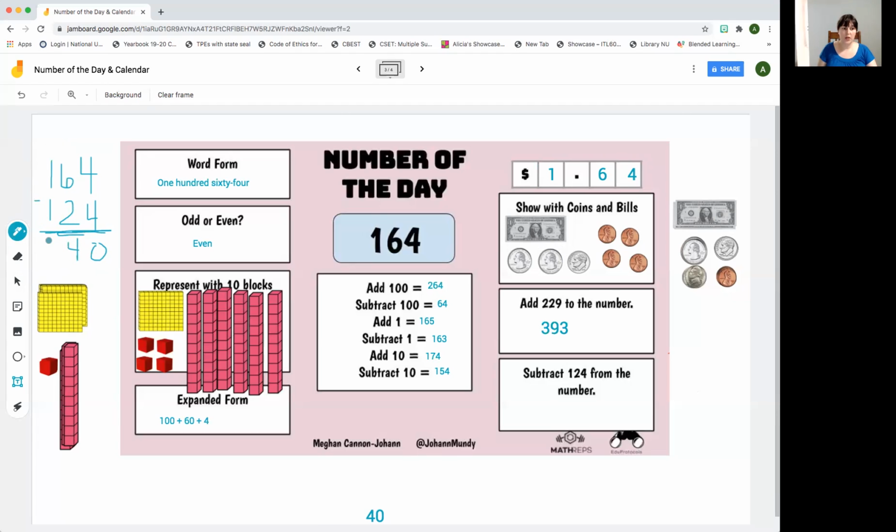And 1 minus 1 is 0. So I have 0 in the hundreds, 4 in the tens, and 0 in the ones, which means my final answer is going to be 40. All right, class, now it's your turn to practice your number of the day.